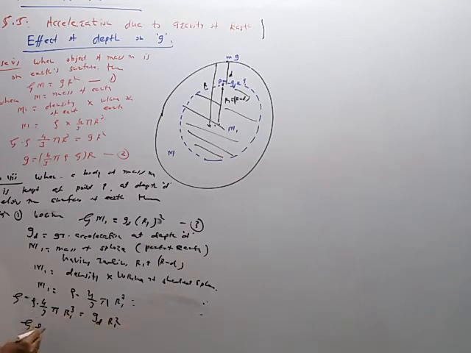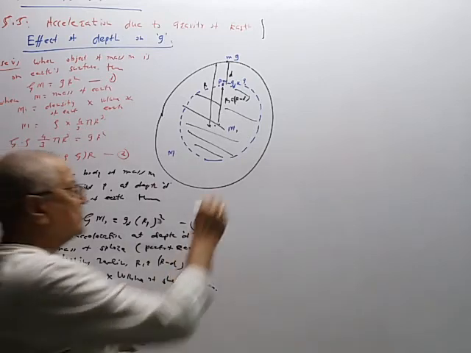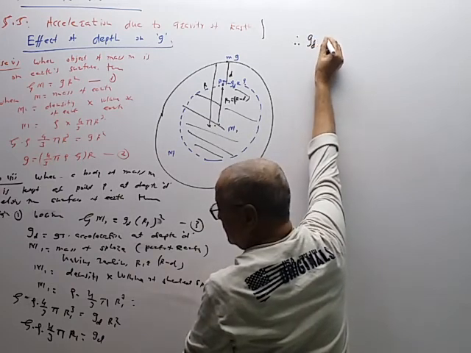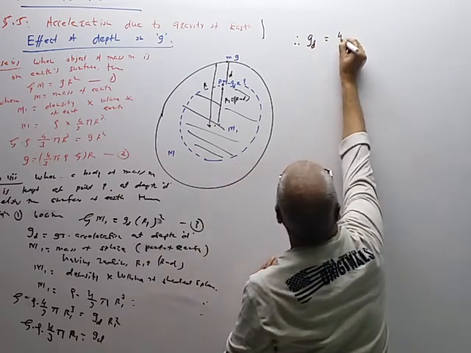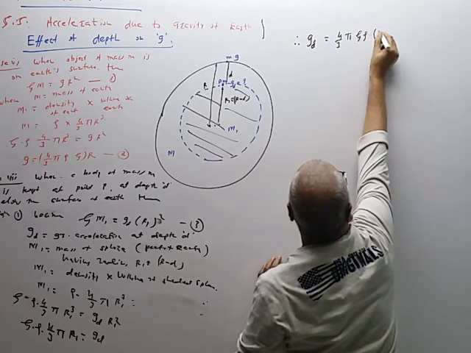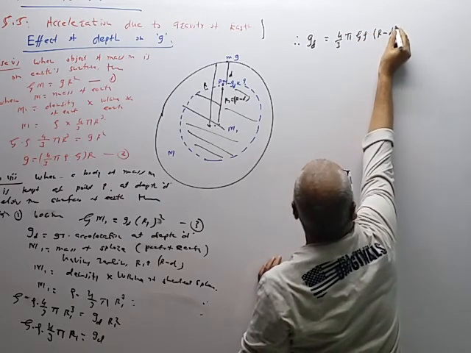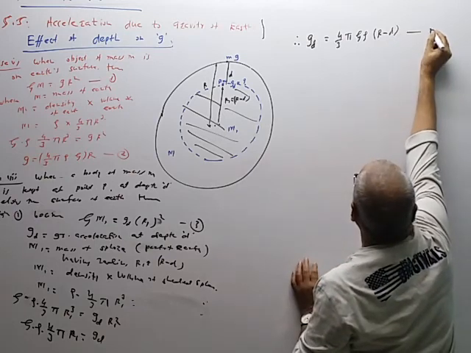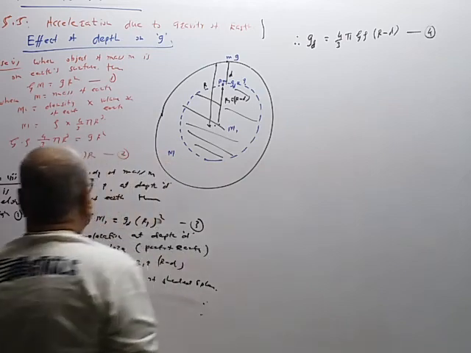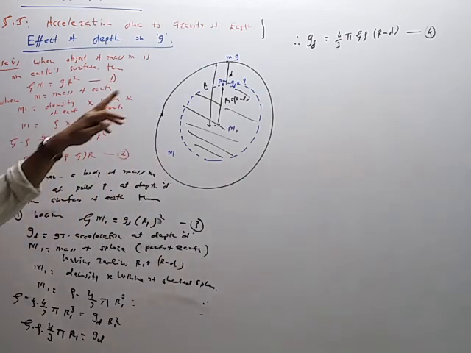So g into rho into 4/3 pi r1 is equal to gd. r1 की वैल्यू फर्दर सब्स्टिट्यूट कराना, therefore gd is equal to 4/3 pi g rho, and this is equal to r minus d. Say this is equal to 4. So this is the value of g. That is the value of gd.